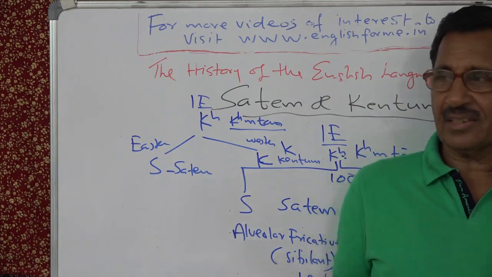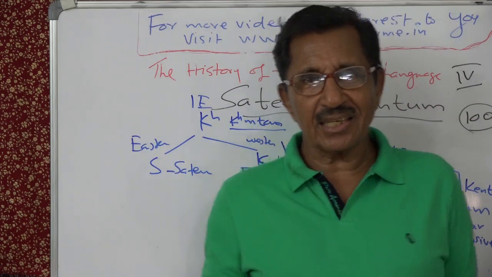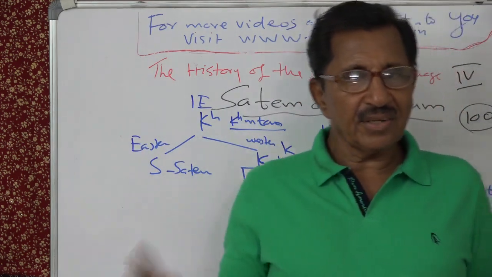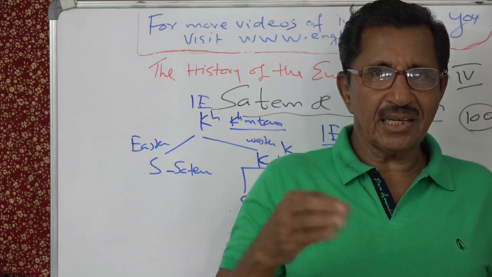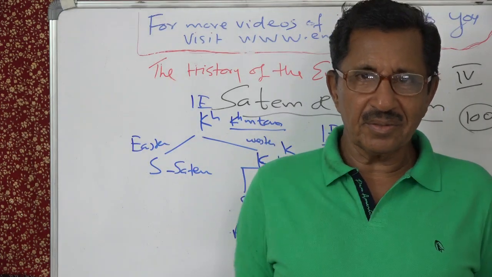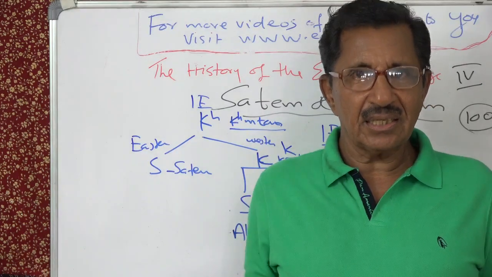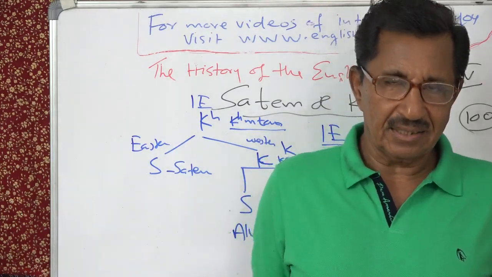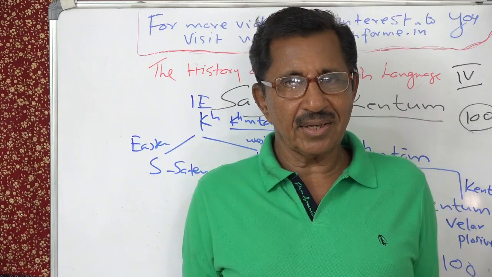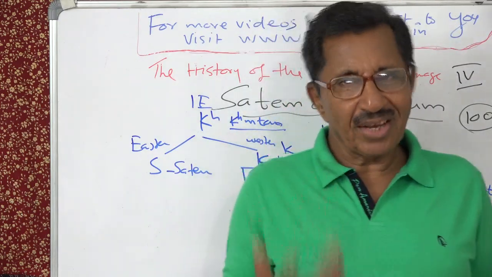If you ask a question, why is it Satem, why is it Kentum? You can say the difference in pronunciation that took place in the Indo-European sound K. In the Eastern it has become S and in the Western it has become K. Example Satem and Kentum. In a very simple way you can explain this.